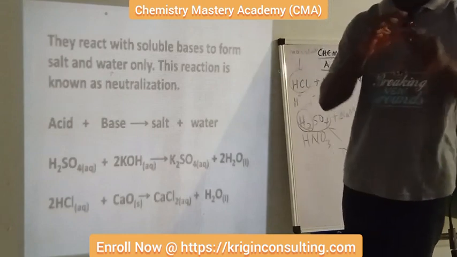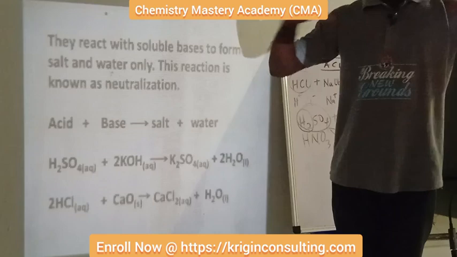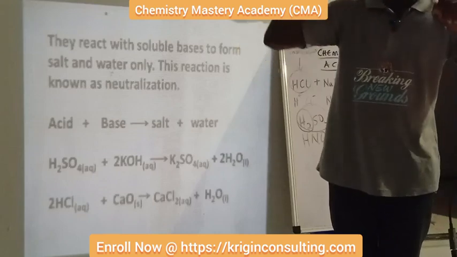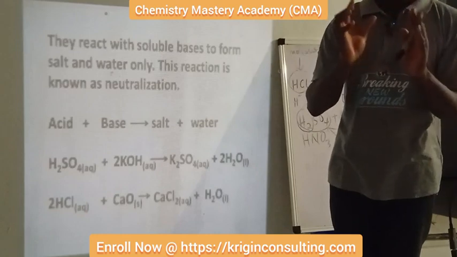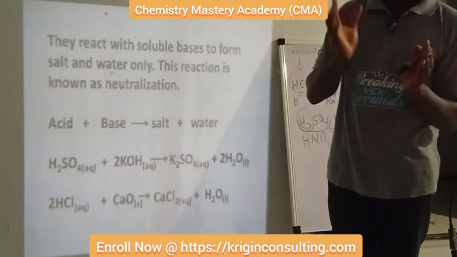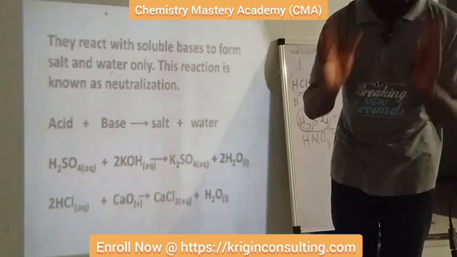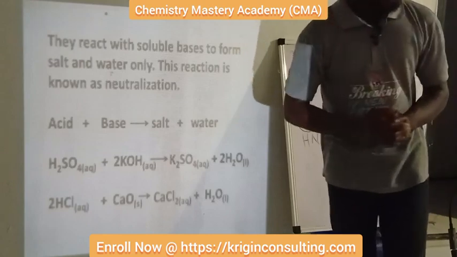So if I want to neutralize an acid, that is, if I want to remove the acidic nature of an acid, all I need to do is mix that acid with a soluble base, or with an alkali. Is that clear? All right.